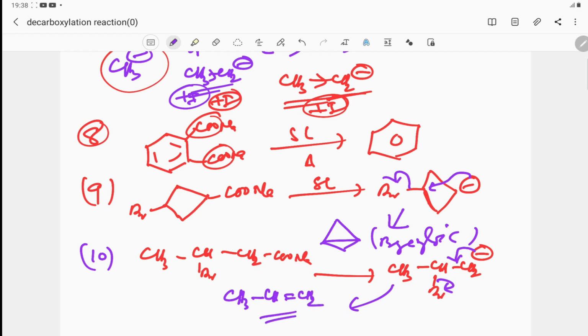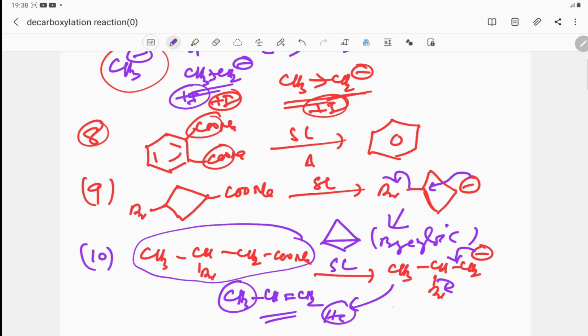This alkene is also stabilized by hyperconjugation. It has 3 hyperconjugation, that's why it is more stable. So when this compound reacts with soda lime, it produces propene. The product is propene, because the carbanion delocalizes the negative charge with the loss of bromide ion, forming a double bond. So propene will be formed.